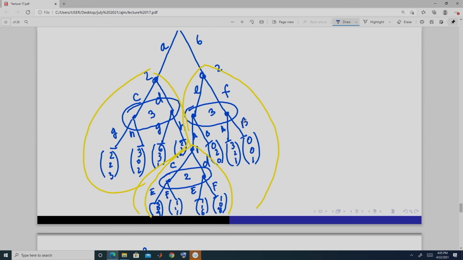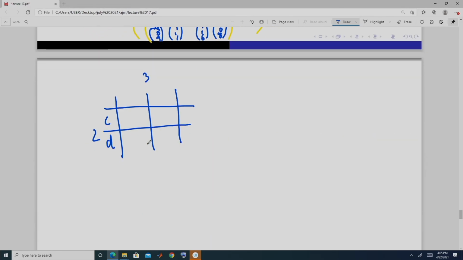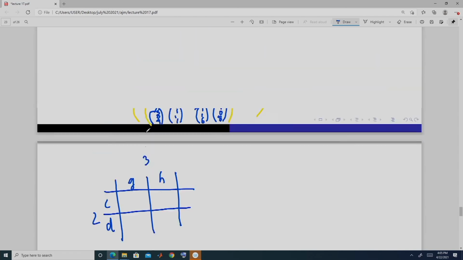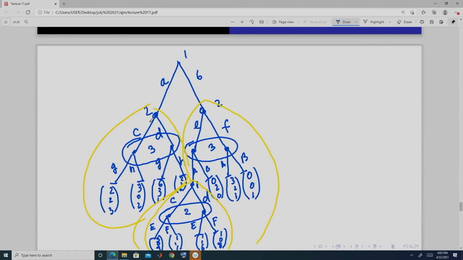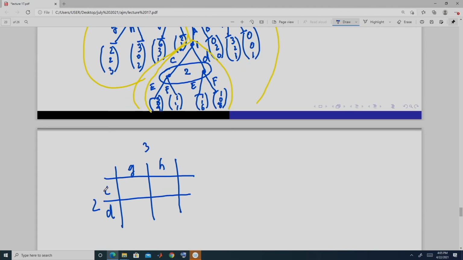So, we can write it as C, D and G, H. The payoffs are C, G: 2, 2, 3.